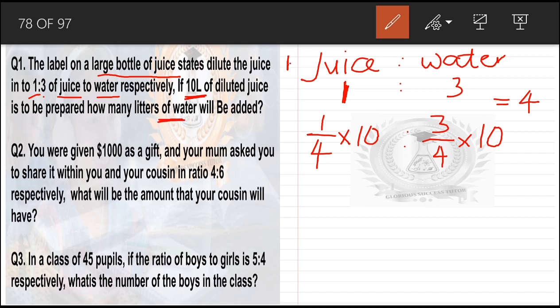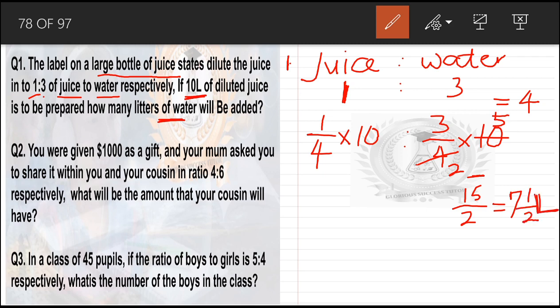The question said, how many liters of water? So we are doing this now. We're going to say 2 here, 2 in 10, 5. So I've got 3 times 5, which is 15, divided by 2. If you solve 15 divided by 2 properly, it's going to give you nothing but 7 1/2 liters.